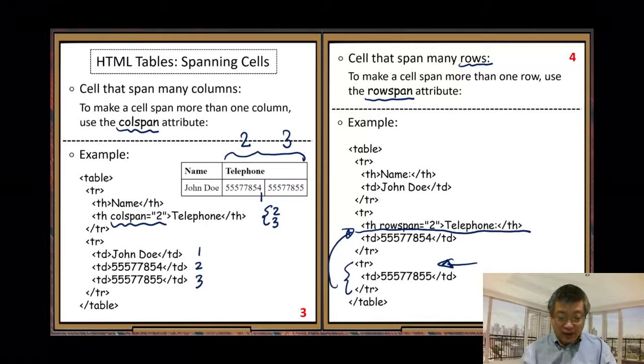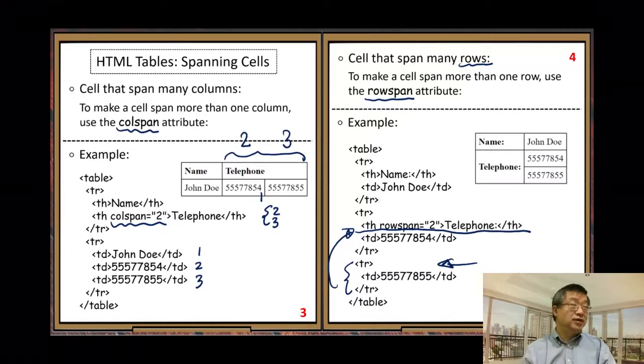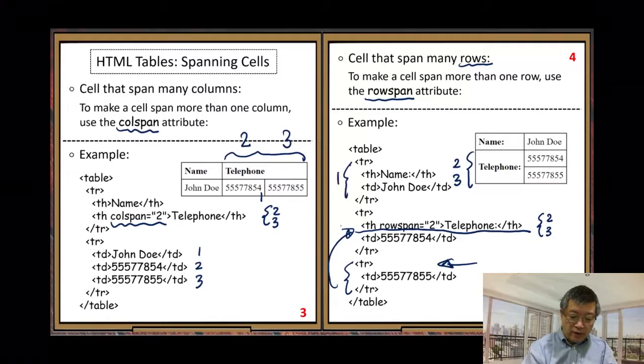So this is the result. Here you can see row 1, row 2, row 3.